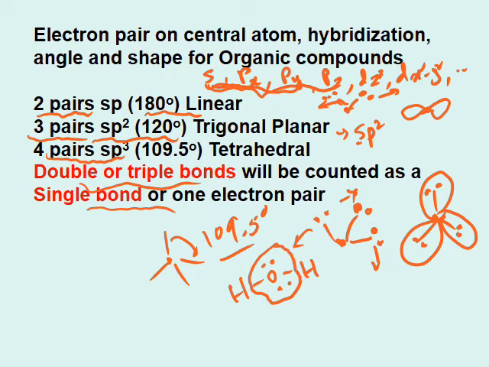My central atom is oxygen, so now I have 4 pairs of electrons. As soon as you find that there are 4 pairs of electrons, you must get 4 hybrid orbitals. That means you need to combine these 4 orbitals, s, px, py, pz. So that would give me sp3 hybridization.